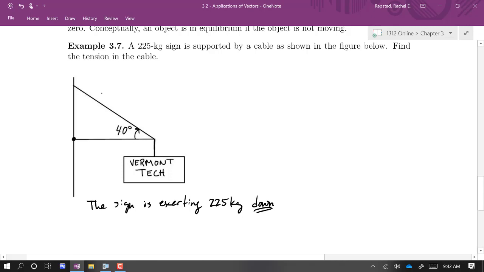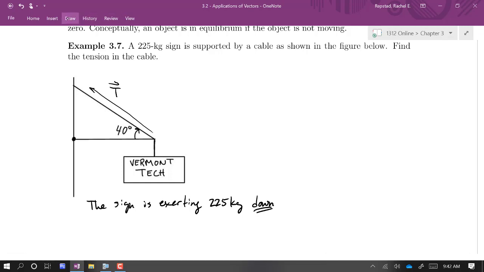And now we have this cable that's exerting a tension. So there's this tension in this cable that's holding the sign up. And we know that that tension has to be acting in such a way that the system is in equilibrium.